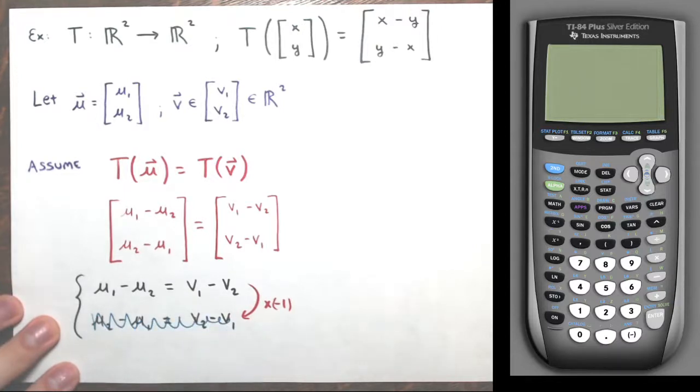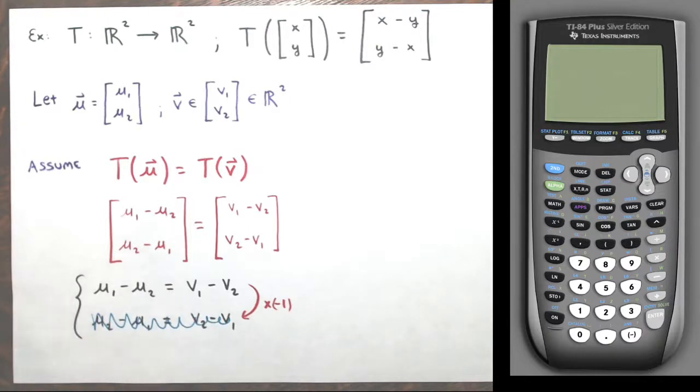And you've seen that before with dependent column vectors, dependent row vectors. If one equation or one row or one column can be written as a linear combination or a scalar multiple of other rows or other columns or other equations, that particular row, column, or equation isn't necessary. All right, and then I'm solving this.